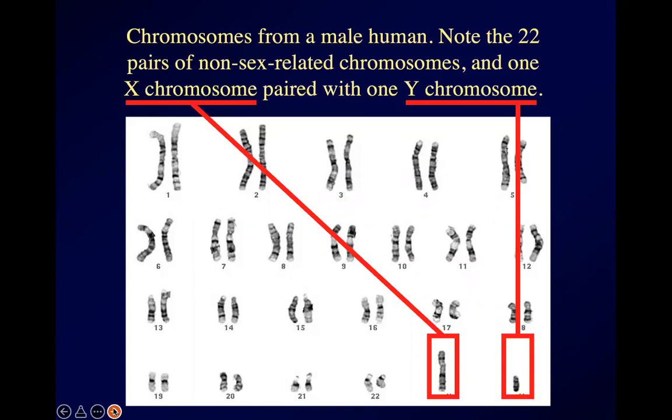It's a condition called guevedose, which is Spanish for getting your balls at the age of 12. So fascinating stuff, really cool stuff. But this is the pattern that we see by far the most commonly in our own species.